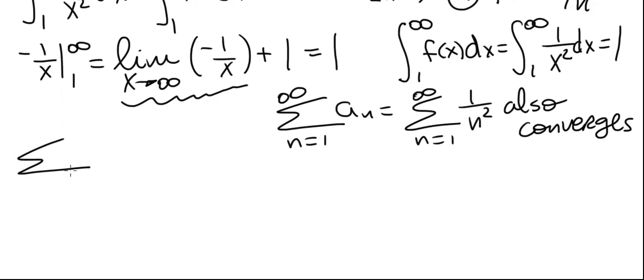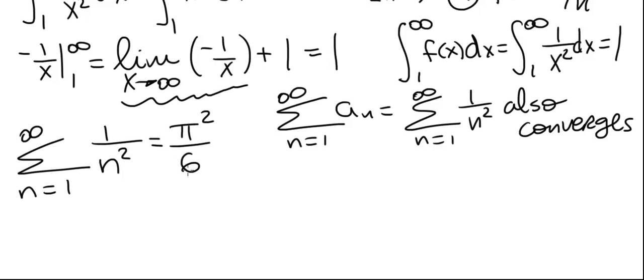In a more advanced course, you can show that the series summation n equals 1 to infinity of 1 over n squared converges to pi squared over 6. That's its limit and not 1. So it's important to understand that the conclusion we draw from the integral test is if the improper integral converges, the series converges, but it doesn't say anything about the series converging to the same value as the integral.